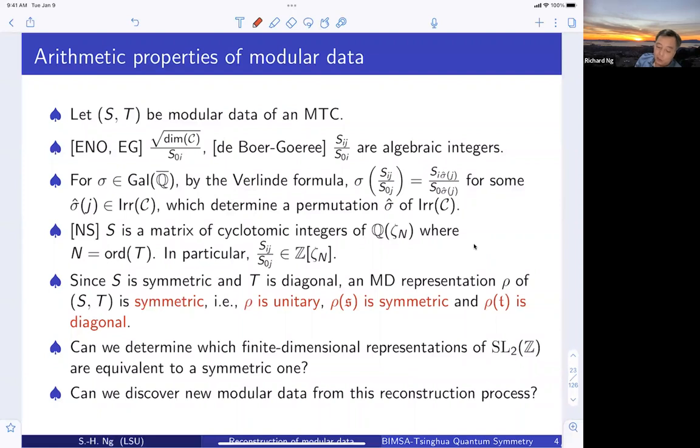At the beginning, we didn't know the answer to this question. In time, we learned a little bit, so we will talk about it later. By itself, we cannot characterize which representations of SL2C are symmetric. But if we add some conditions to it, we know how.